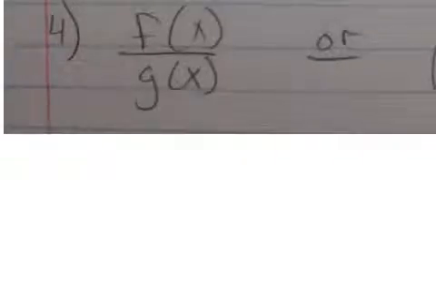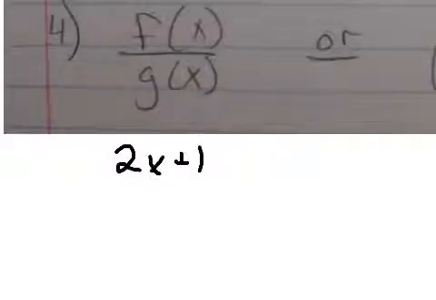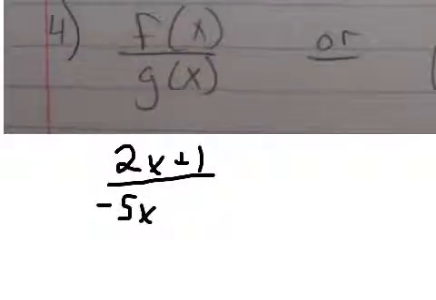And I'll have 2x, so f of x is 2x, oops, need my marker, 2x plus 1 over negative 5x plus 7.